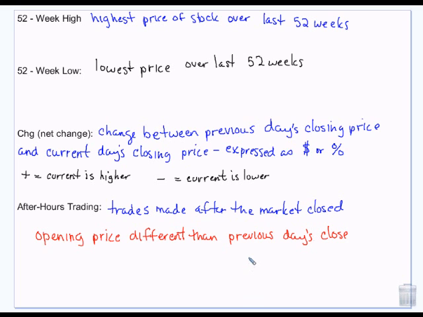So if yesterday Microsoft closed at 100 and today it opens at 105, some after hours trading has occurred. Unless trades occurred, the price when it closes should be the same as when the next day opens. Nothing should have happened to change the price overnight. So that's how you know if after hours trading has occurred: if the prices are different from the night before to the next morning.